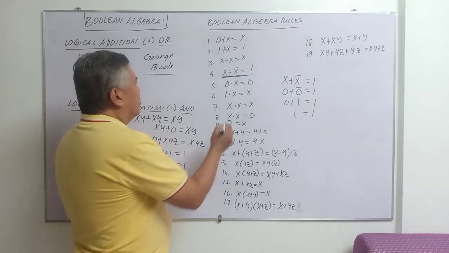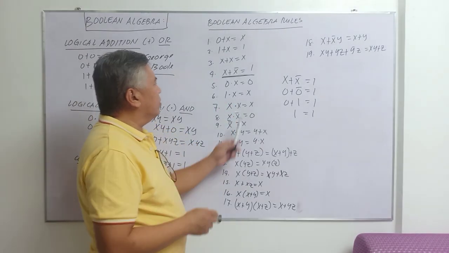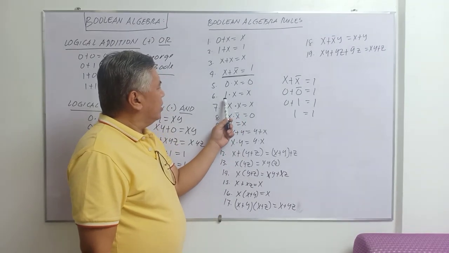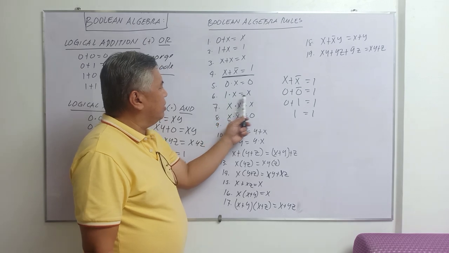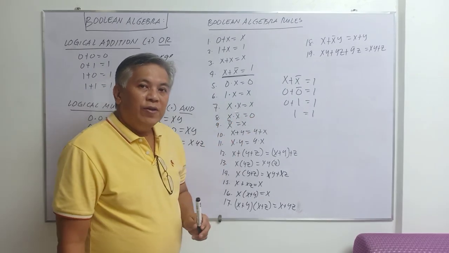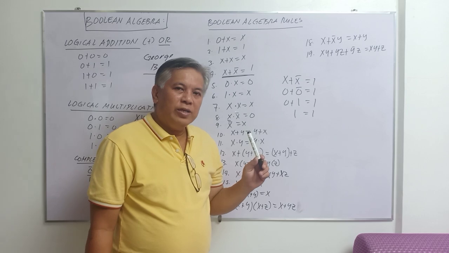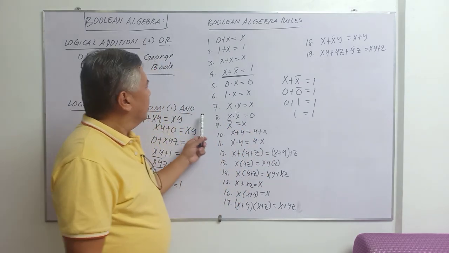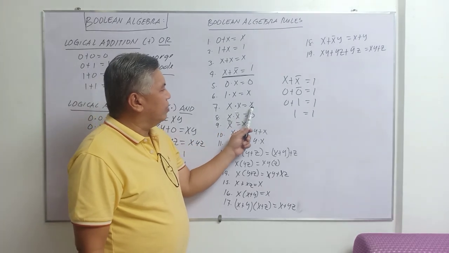Then, rule number 6. 1 times x is equal to x. So again, any variable or variables multiplied by 1 is equal to that variable or variables. So 1 times xyz is equal to xyz. Then rule number 7, x times x is equal to x.